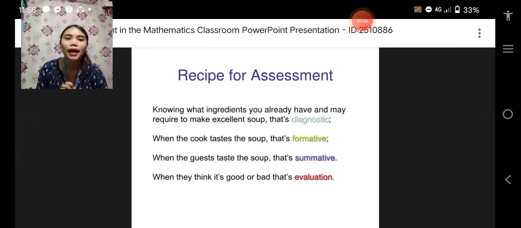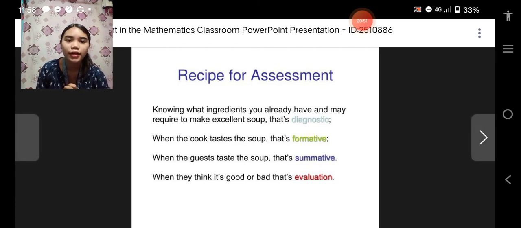Consider an analogy: knowing what ingredients you already have and may require to make an excellent soup is diagnostic. When the cook tastes the soup, that is formative. For example, when you cook different foods and taste the soup, it is called formative.